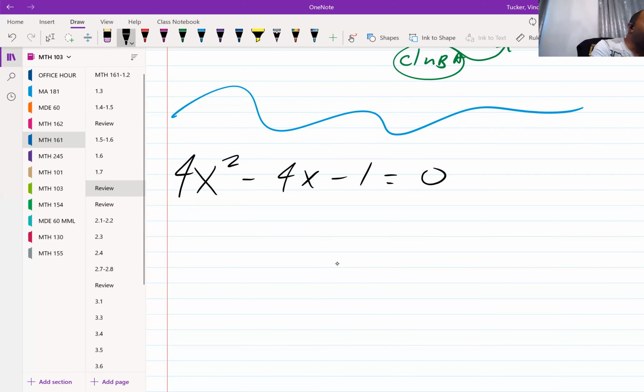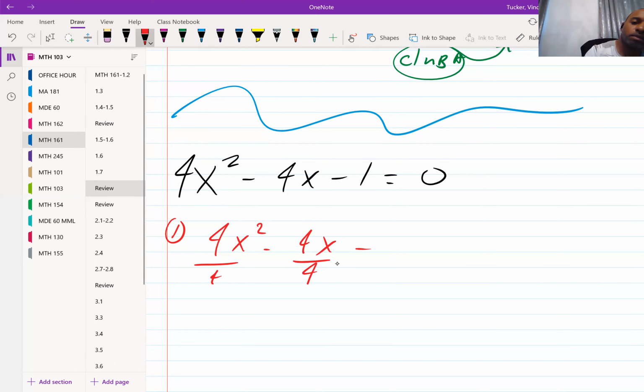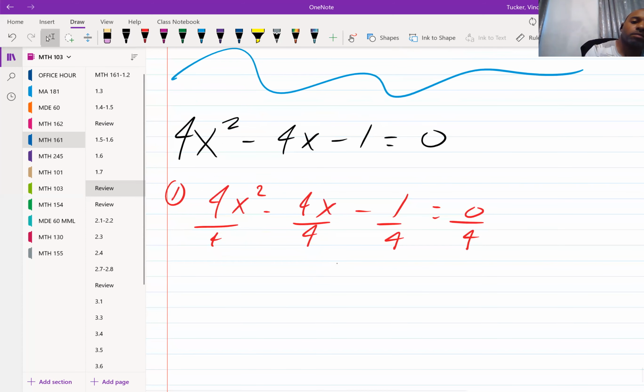All right, 4x squared minus 4x minus 1 equals 0. So first thing we'll do is recognize that a is not equal to 1. So we need to divide both sides by 4. So that'll be x squared minus 1x minus 1/4 equal to 0.